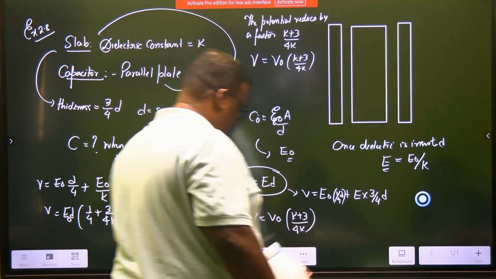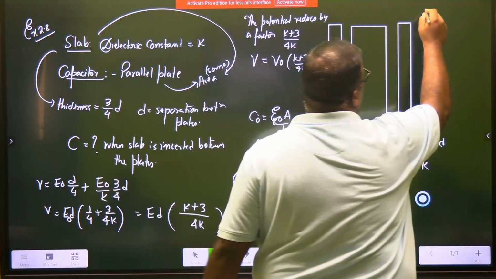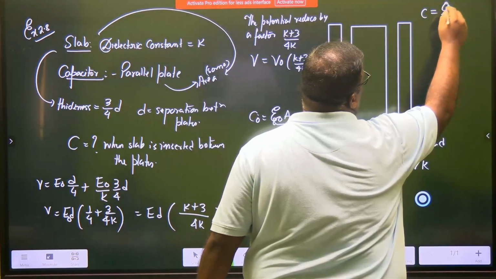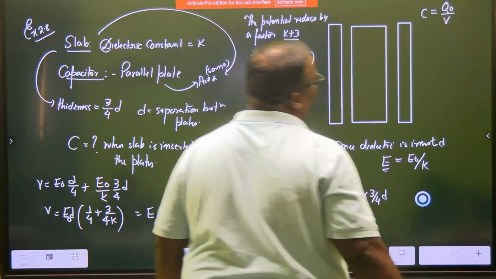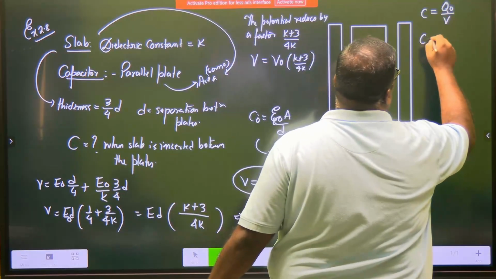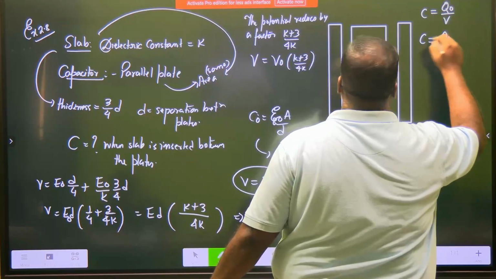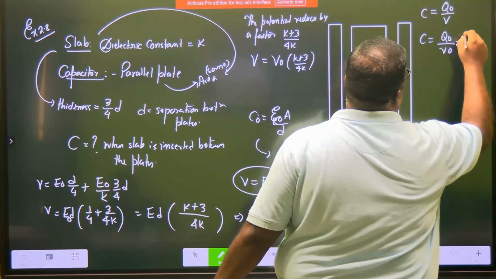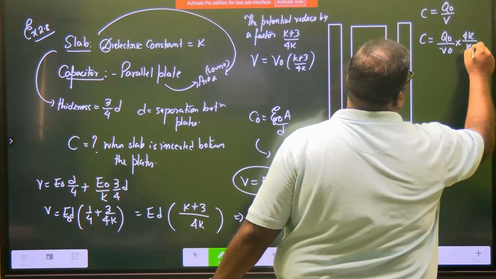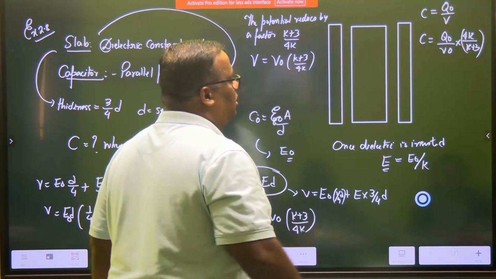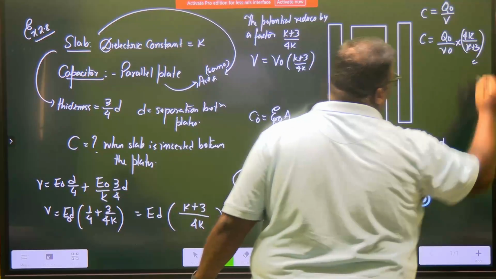So our capacitance is, the initial amount of charge was Q0. Now your voltage has become V. So in place of V, you can enter. So C becomes Q0 over V0 into 4K by (K plus 3). Did you understand this? Now this value is greater than 1.